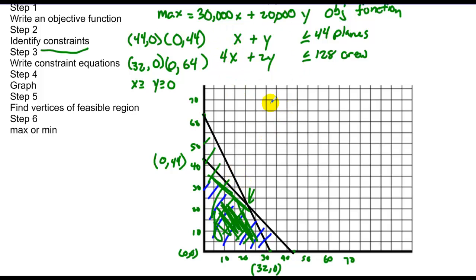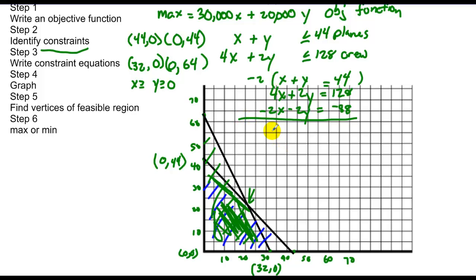It's the intersection of these two, so I have 4x plus 2y equals 128, and x plus y equals 44. Like we've done a couple days ago, I multiply by negative 2, which gets me negative 2x minus 2y equal to negative 88.